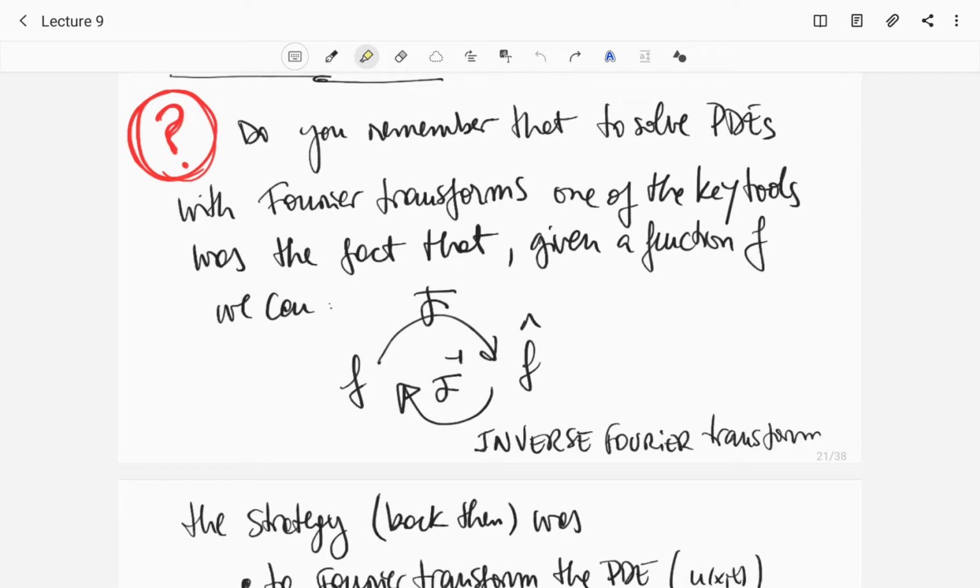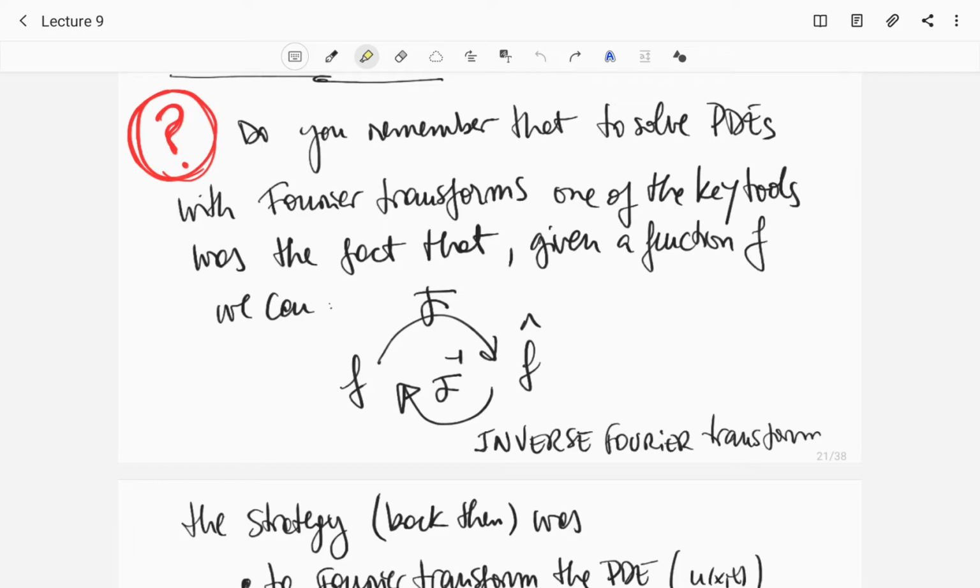What we really want is the original solution of the equation, so we need to go back to undo this transformation. That's why a couple of lectures ago we saw how to invert the Fourier transform. And now we are going to see how to invert some Laplace transforms.